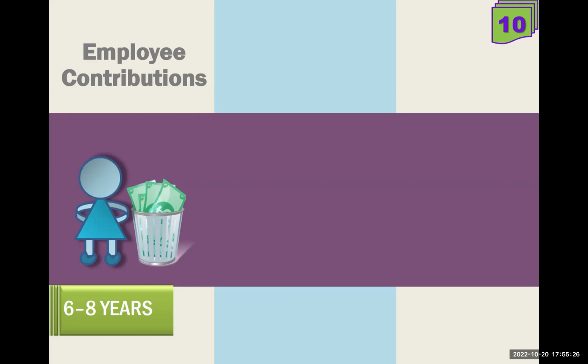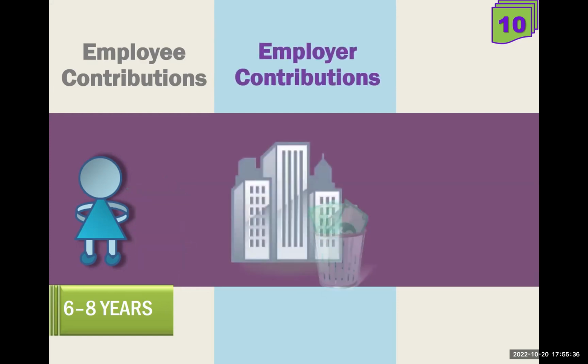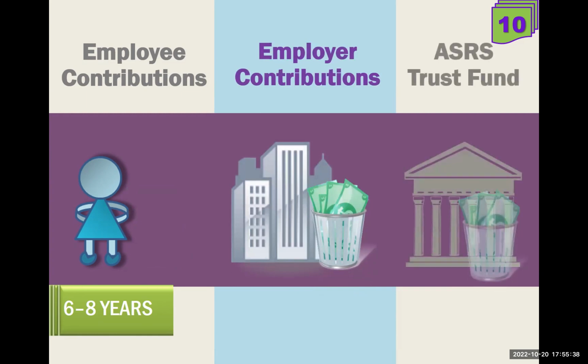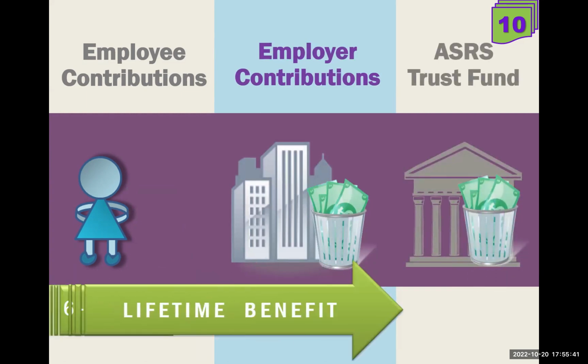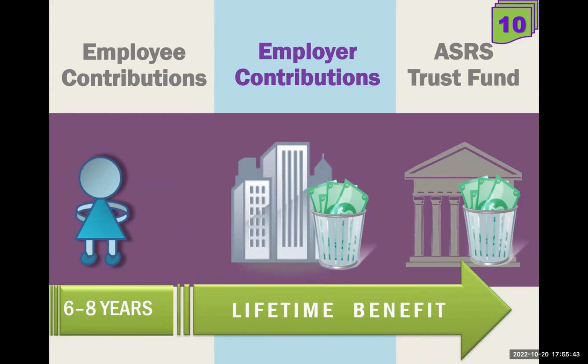This is your money from your contributions plus interest, and it must be paid back to you or your beneficiary. Now, after your account balance is exhausted, don't worry, you're still going to be getting your pension, because that will then be paid from the employer contributions and the ASRS trust fund, guaranteeing you a lifetime benefit.